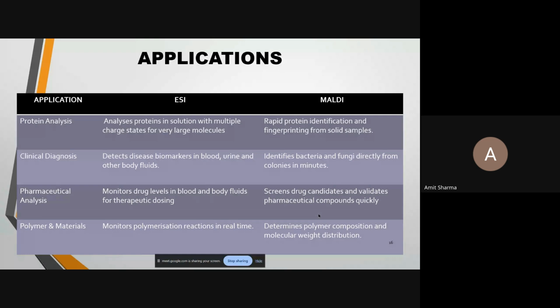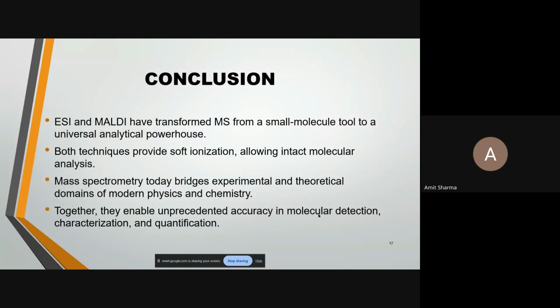And lastly, we have polymers and materials. ESI helps in monitoring the polymerization reaction in real time, whereas MALDI determines the polymer composition and molecular weight distribution. So these are the applications. Now we have reached the conclusion of the topic. ESI and MALDI have transformed mass spectroscopy from a small molecule tool to a universal analytical powerhouse.